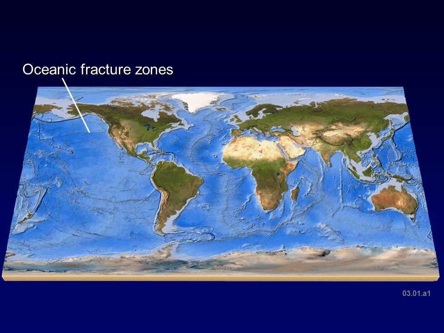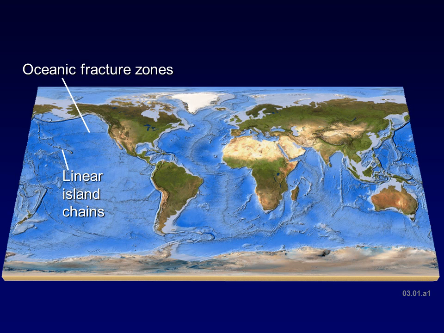This is where the oceanic plate is broken, is fractured. If you look below that, you can see there are several other roughly horizontal lines. Once you get used to looking at that, you can see them all over in other parts of the ocean floor. So our first feature is the oceanic fracture zone.